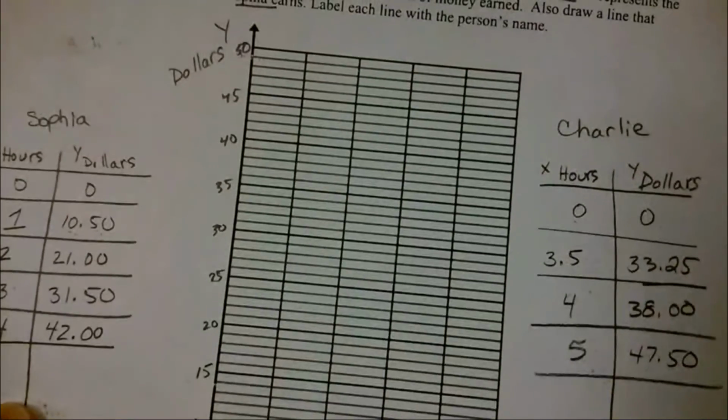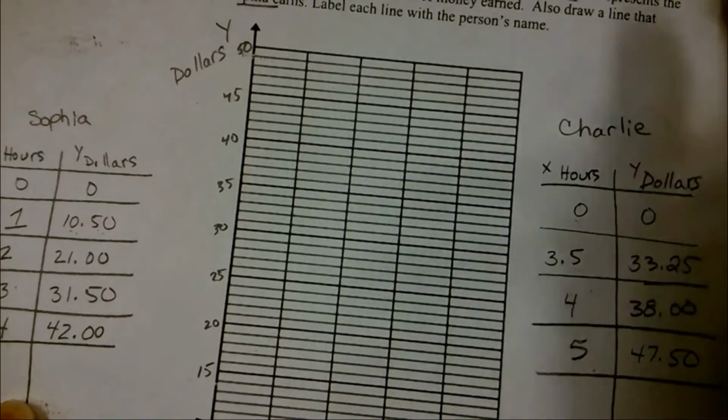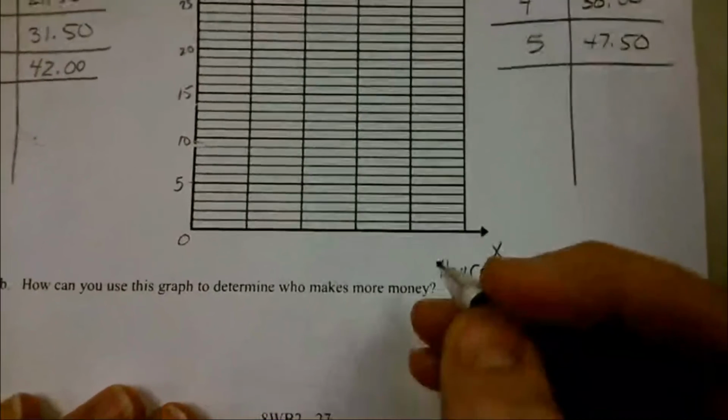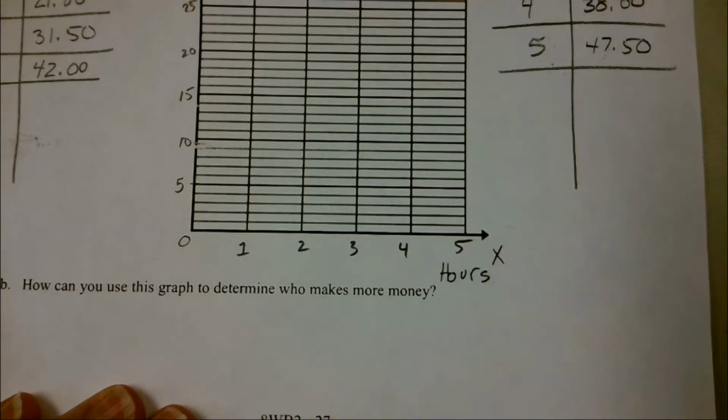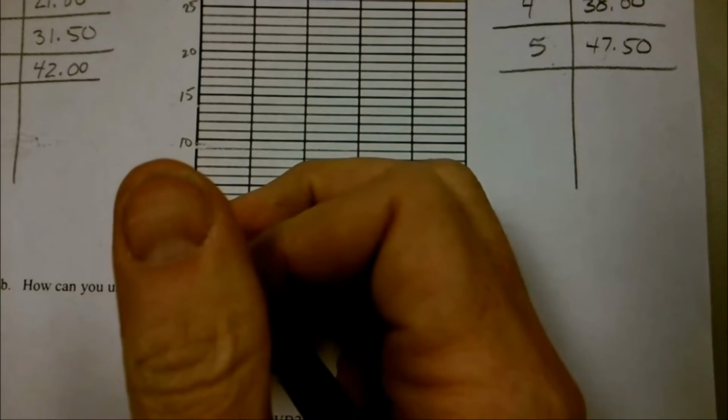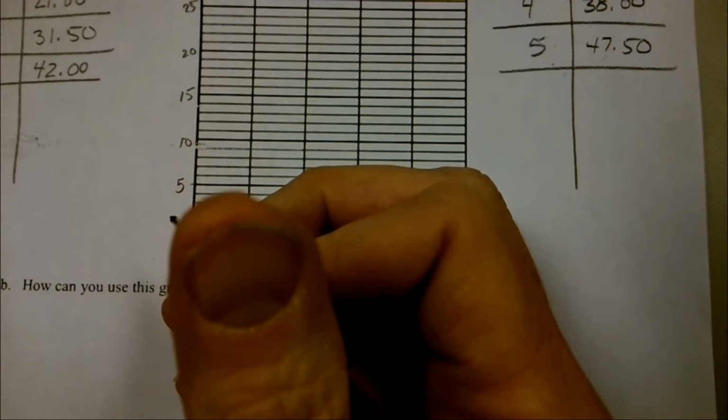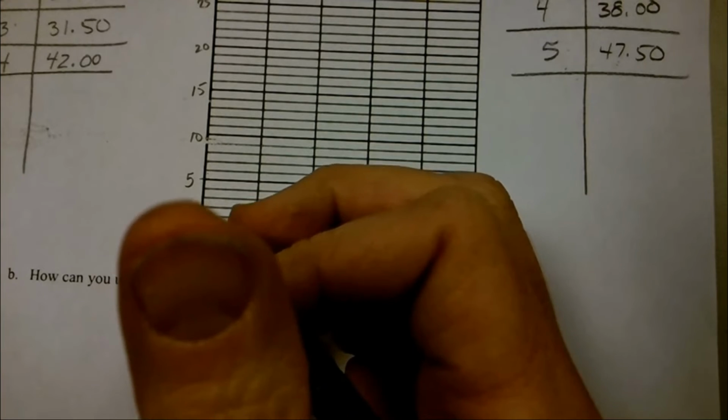So really what I'm doing is going by ones. I just chose not to write all those numbers in there. On this side, I'm going to go by ones, 4 and 5.